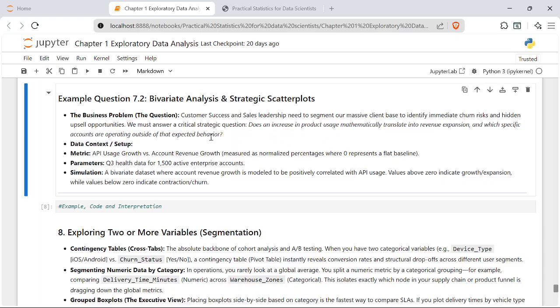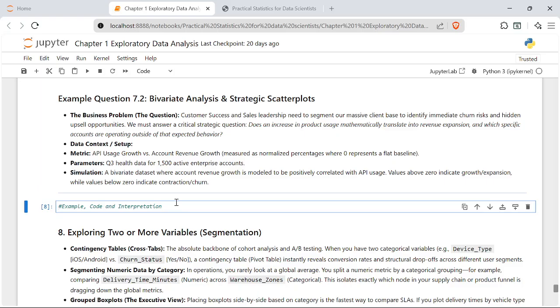And what specific accounts are operating outside of the expected behavior?